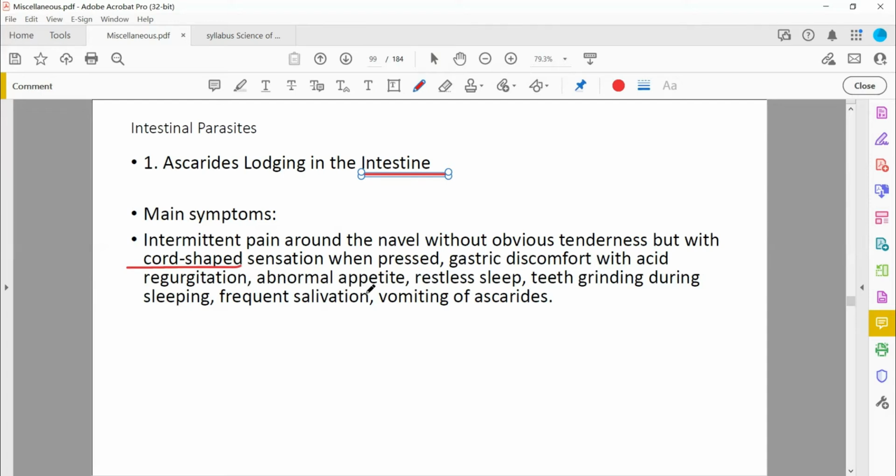Cord-shaped sensation, gastric discomfort with acid regurgitation, abnormal appetite. They could eat something strange. Restless sleep, teeth grinding, frequent salivation. Okay, this one is very obvious. If vomiting ascariasis, that means there are parasites, right?